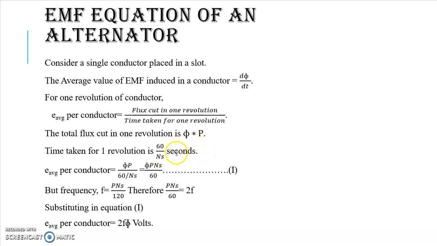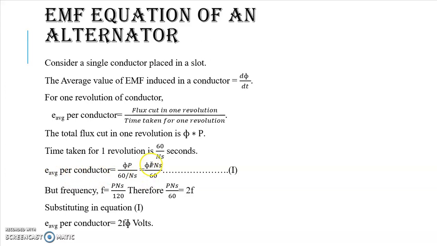So put these two values in this equation. Therefore, E average per conductor is equal to phi P upon 60 upon Ns. So this Ns will go upside and it will be phi P Ns upon 60. So this is the average EMF per conductor.